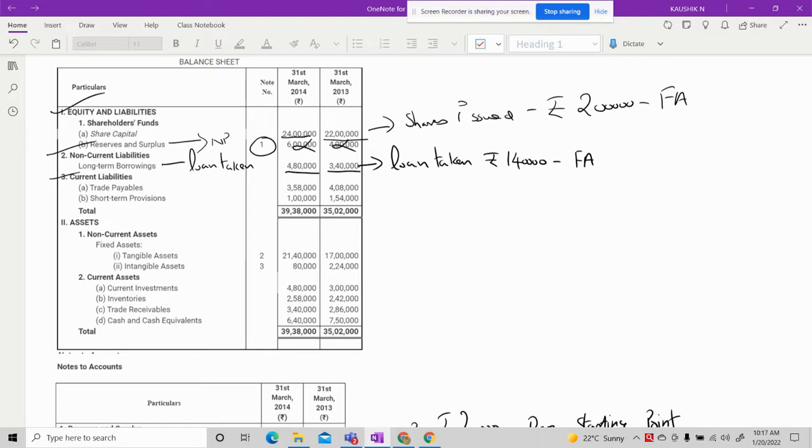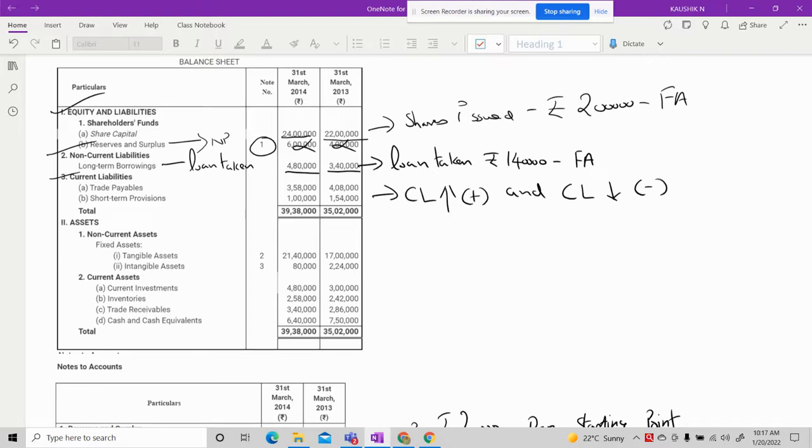And as you know the concept, if your current liability increases, it should be added, and if your current liability decreases, it should be subtracted.